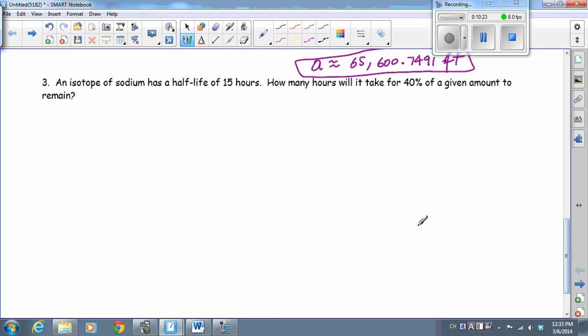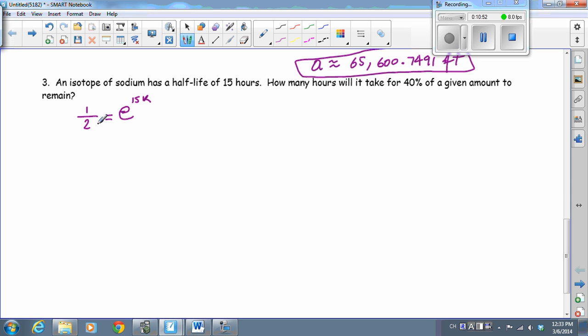The last problem says an isotope of sodium has a half-life of 15 hours. In other words, after 15 hours, whatever the amount you started with is halfway gone. How many hours will it take for 40% of the given amount to remain? So let's start by interpreting the half-life. I would say half-life is equal to e to the power of 15k.